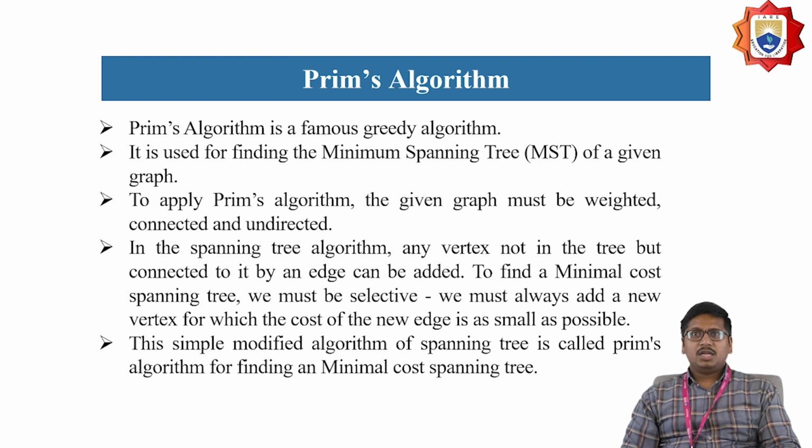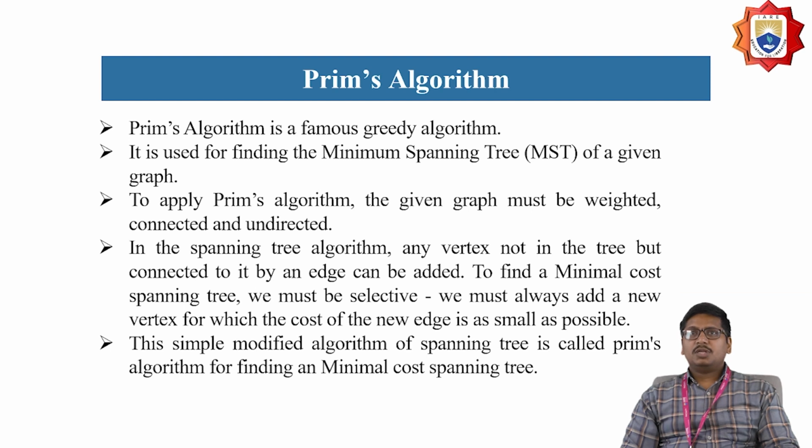In the spanning tree algorithm, any vertex not in the tree but connected to it by an edge can be added. To find the minimum cost spanning tree, we must be selective and always add a new vertex for which the cost of the new edge is as small as possible. This simple modified algorithm of the spanning tree is called Prim's algorithm for finding the minimum cost spanning tree.